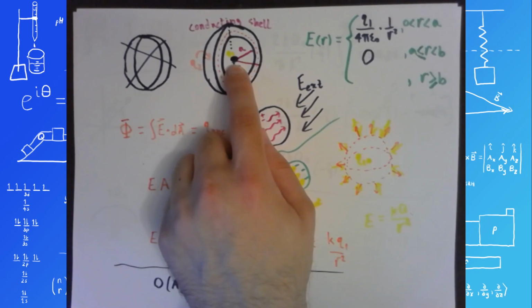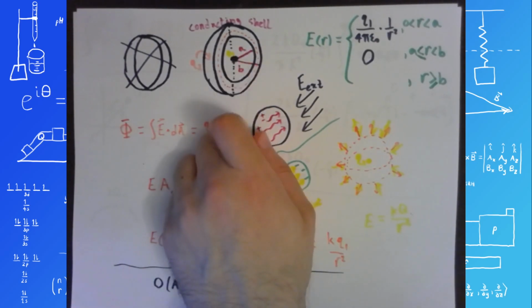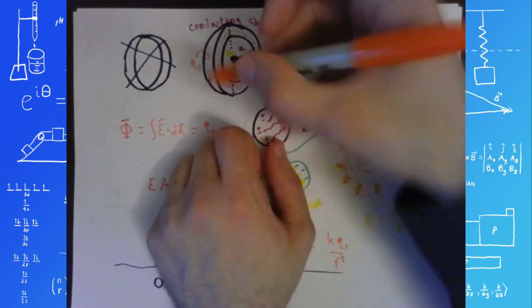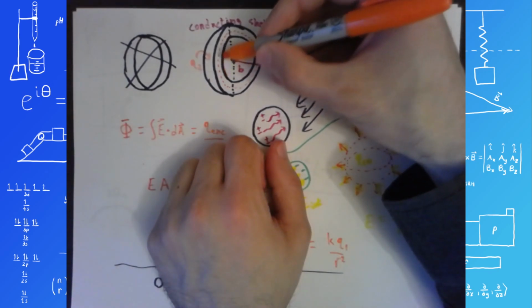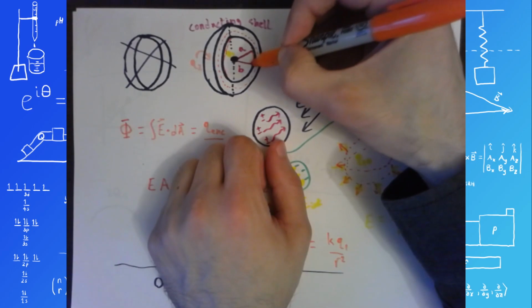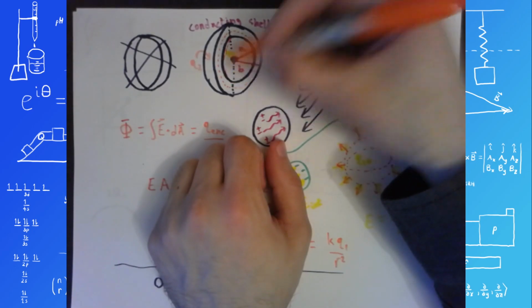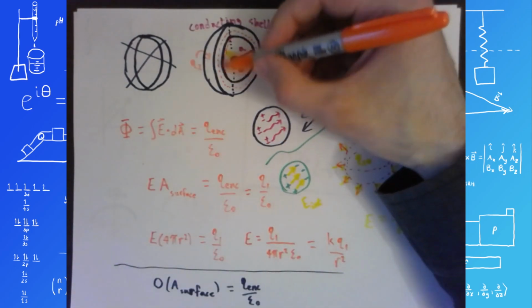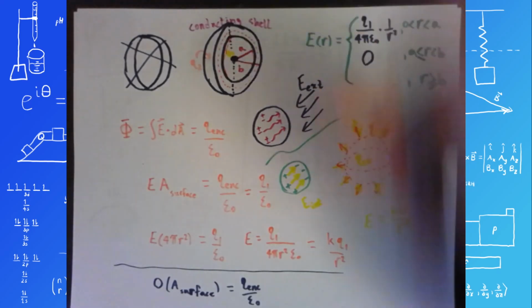So there must be some other charge equal to negative Q1 somewhere in here. Where is it? It's going to be gathered on the inner surface of the conductor. So there's a total charge of negative Q1 over there.